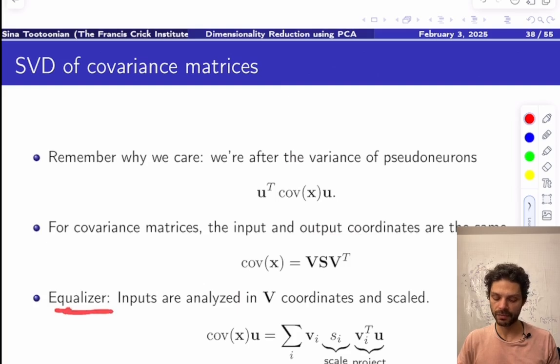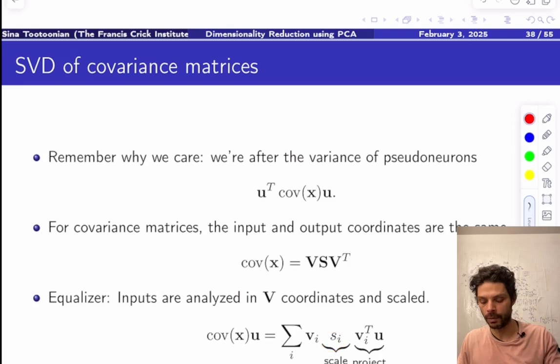And so the covariance matrix acts like an equalizer, like an equalizer for sound. So the inputs are analyzed in V coordinates and scaled, and then they're projected back out along those coordinates. Think of this as, you take your sound wave, you project it along the bass direction, you apply whatever scaling, your volume knob on it, and then you reproduce the bass, but with that scaling applied.